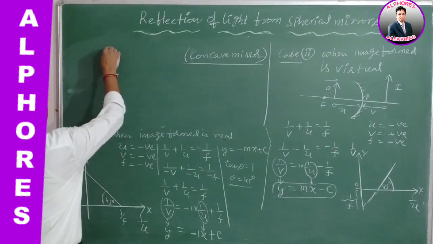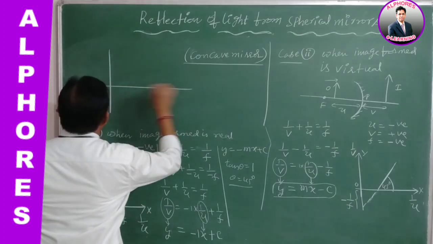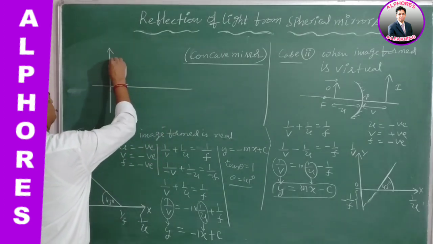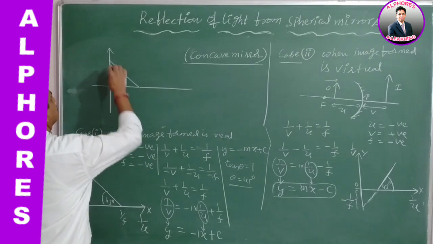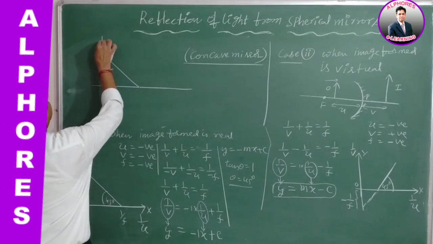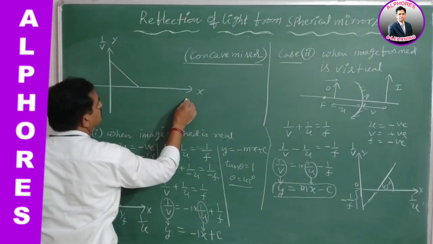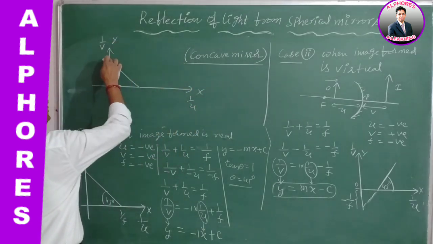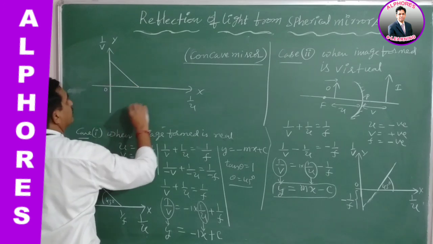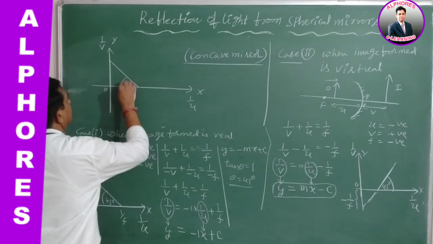See, this is the graph from infinity to the focus point. This is the graph, 45 degrees.